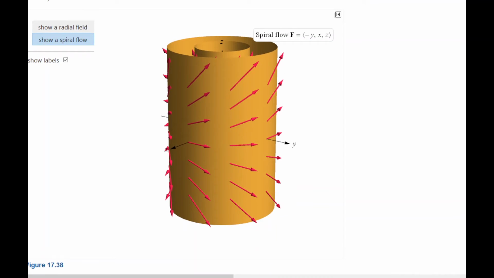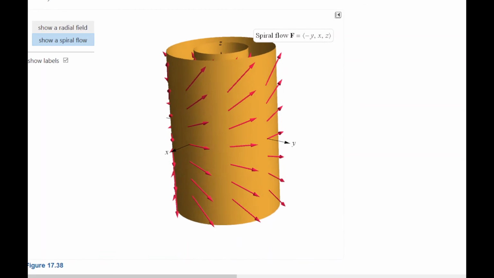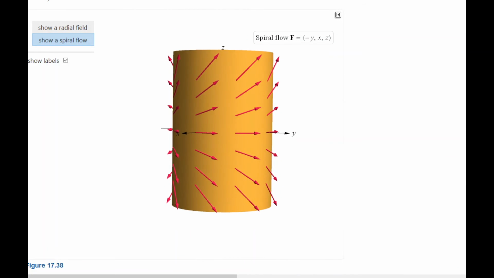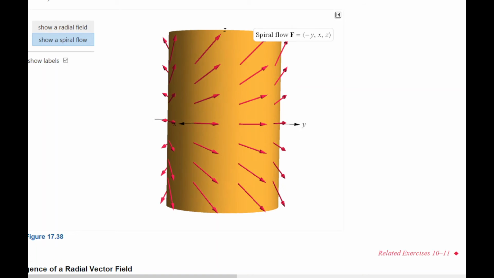As you'll recall, the divergence is a measure of expansion and contraction, sources and sinks. So along the z-axis, the vectors are pointing farther along the z-axis, so they're pointing up more as you move in the positive direction on the z-axis, and pointing down more as you move along the negative z direction. So you're sort of getting this expansive effect, and that's what gave us the divergence of 1 there.